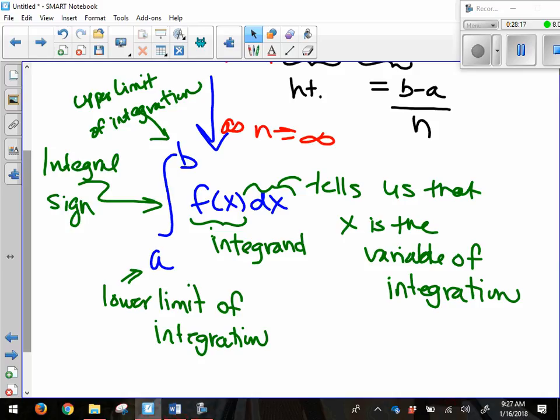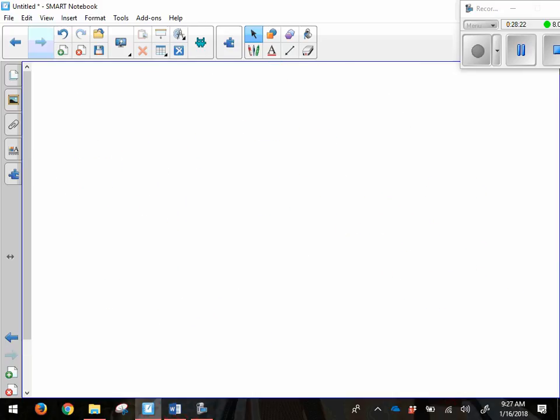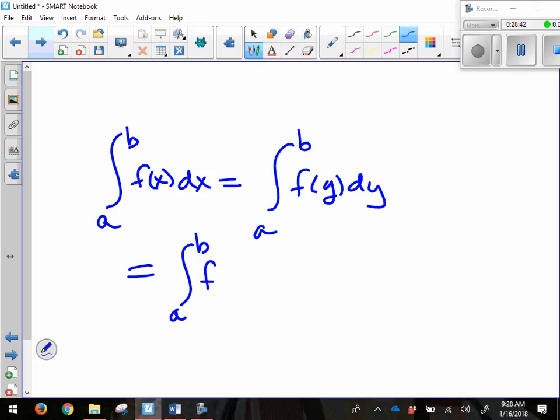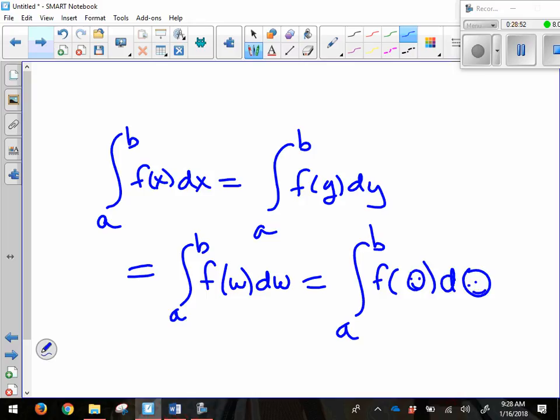Now, the book talks a little bit about dummy variables. I don't know, do they use that word? Okay. What it basically means is my integral from a to b of f of x dx is equal to my integral from a to b of f of y dy is equal to my integral from a to b of f of w dw is equal to my integral from a to b of f of smiley face d smiley face.